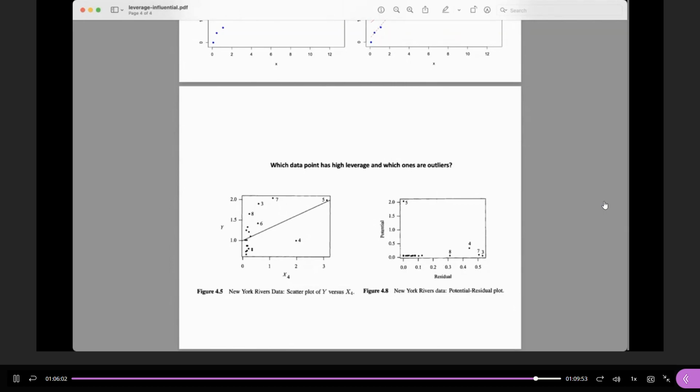They are extreme in one, either X or Y, but not both, all right? Okay. So next, in that plot, there's no influential point, okay? So I'm going to ask a question.